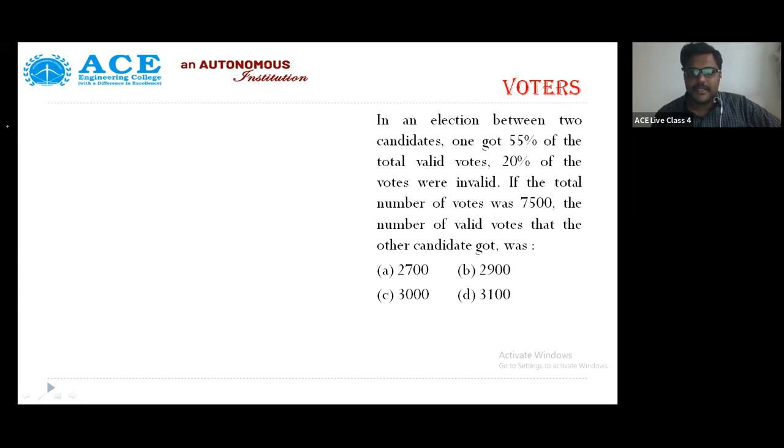In an election between 2 candidates, we just go through the question, what was given. Read the question carefully.